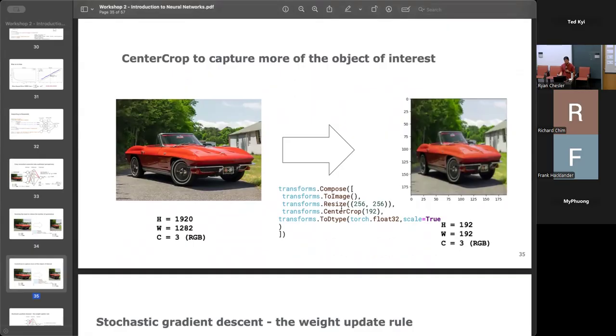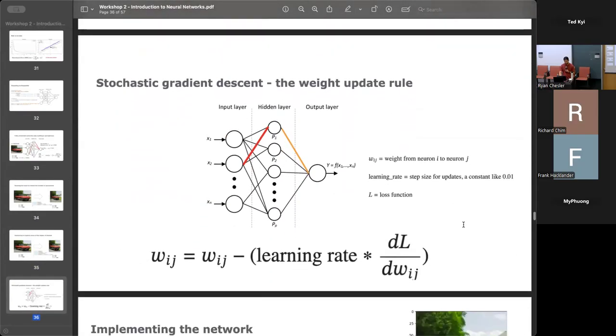Some people do that resize. Other people might do a center crop. They say the most important thing is probably at the middle of the image. So you can resize it to 256 by 256, and then crop it down to 192 by 192, which ends up a much more manageable resolution.